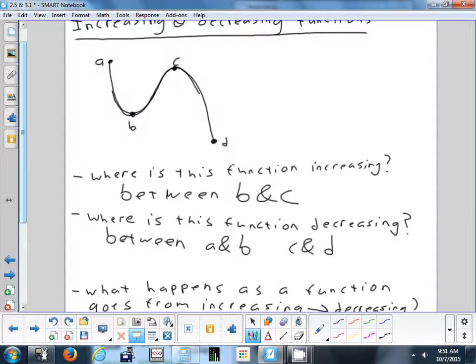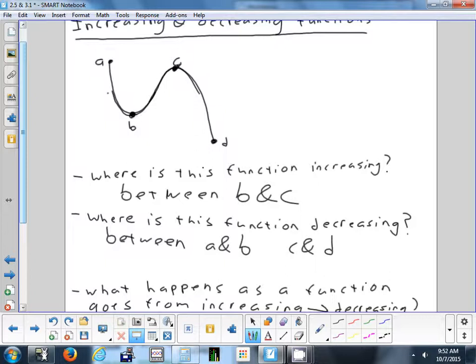What happens right there? Well, this was a local max, right? What's this? That's a local min.